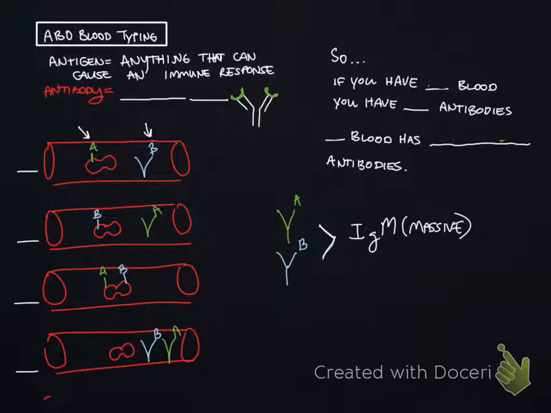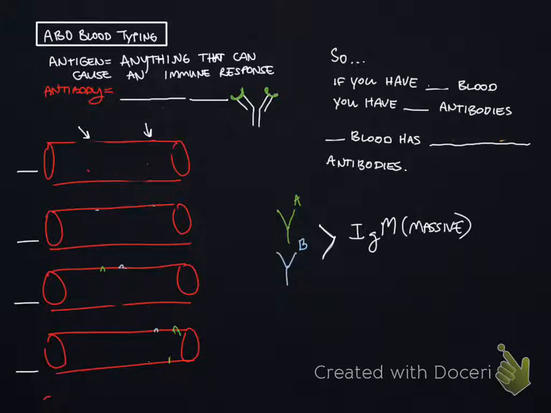Now I want to talk about ABO blood typing. And I know your picture looks a little bit different than this. Let me erase these real quick. We'll talk about this. So we need a good definition of antigen and antibody.